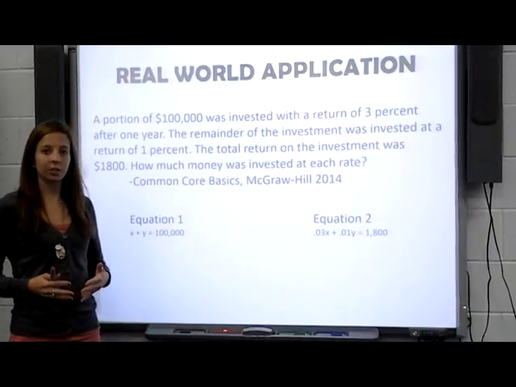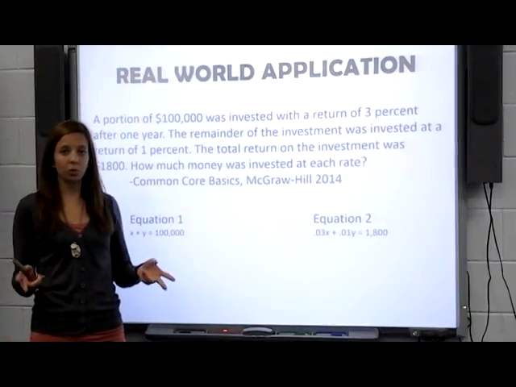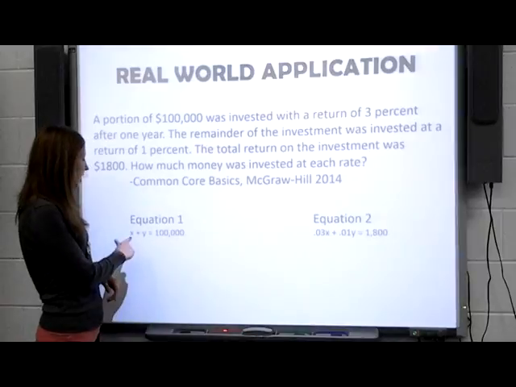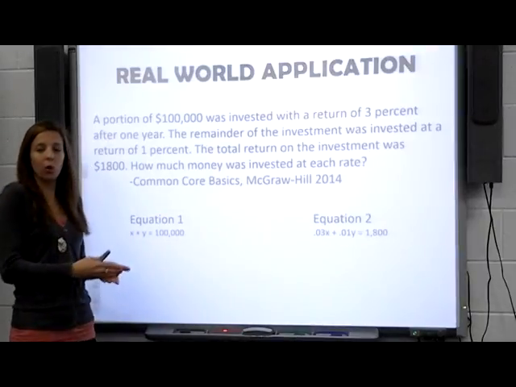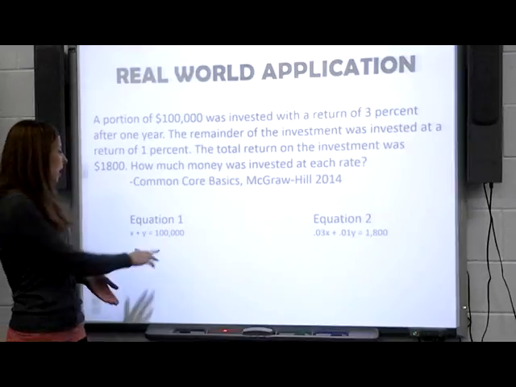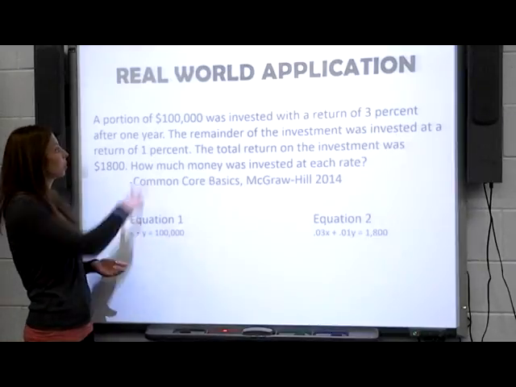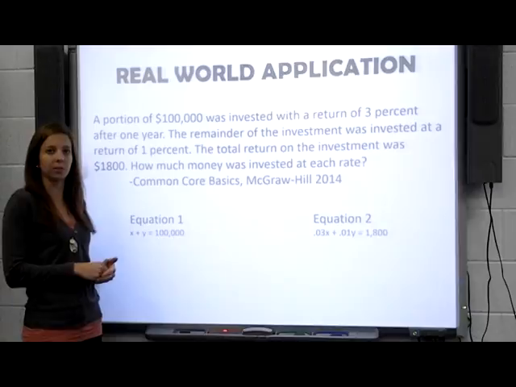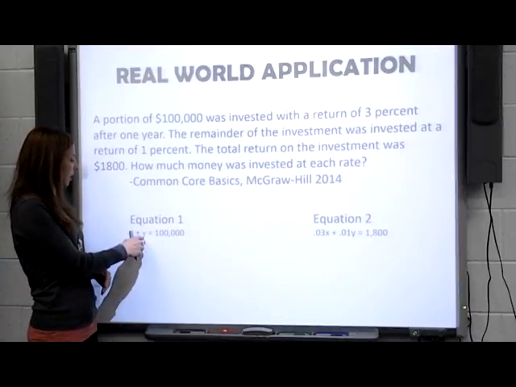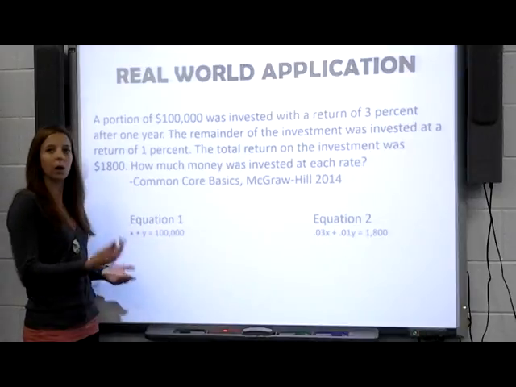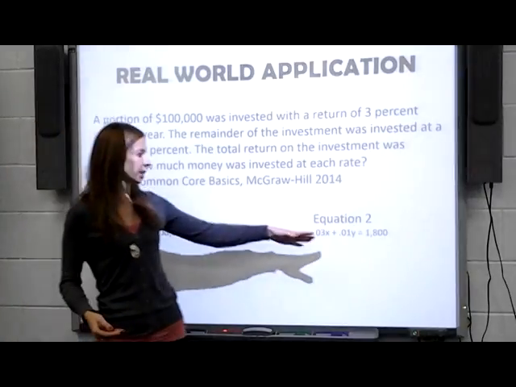So what we need to do first is develop two equations, okay? The first equation we're going to do is take investment 1 plus investment 2 and know that it's going to equal our total investment of $100,000. So we're going to make investment 1 X, investment 2 is going to be our Y. Then we look at our second equation.